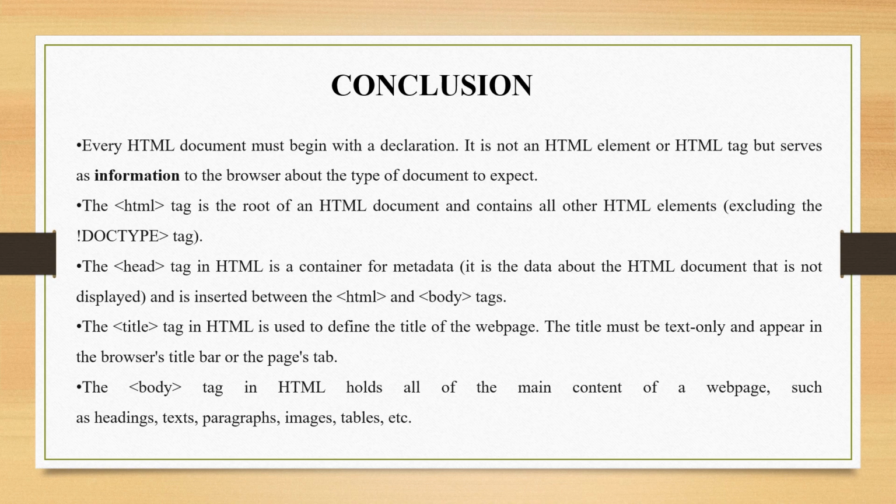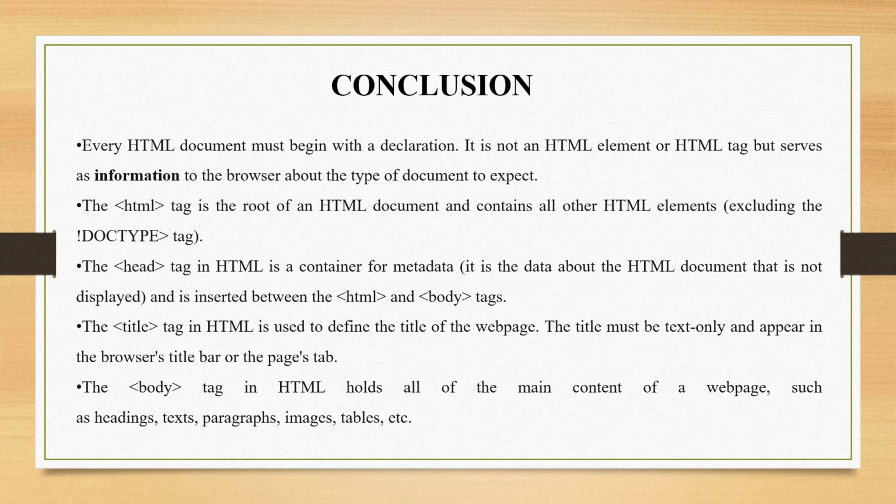Next, conclusion. Every HTML document must begin with a declaration. It is not an HTML element or HTML tag, but serves as information to the browser about the type of document. The HTML tag is the root of an HTML document and contains all other HTML elements, excluding the doctype tag, because this doctype tag comes before the HTML tag, which describes the type of the document.